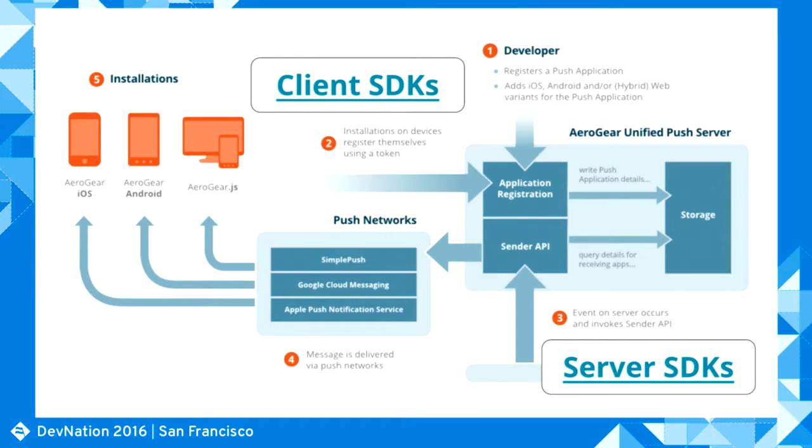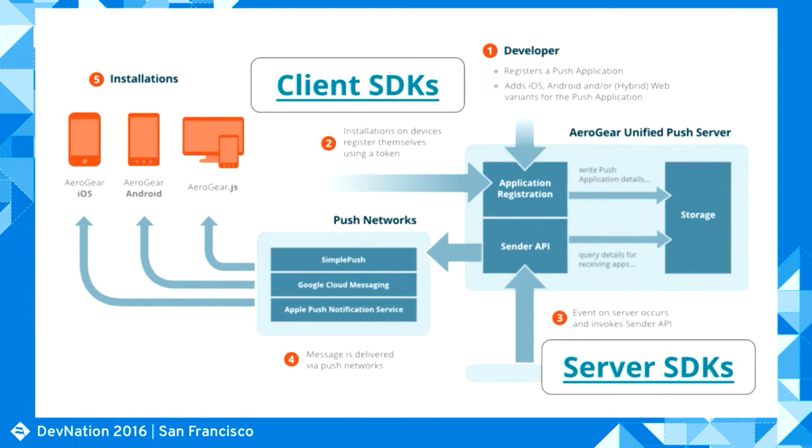And then when a user installs the app, and you bring it up like I just did, it says, do you want to allow push messaging? And you say yes. It does two things. It registers through the unified push server that it said yes and sends a bunch of metadata that I'll talk about in just a second, and then it registers with APNS or Google Cloud Messaging through that.